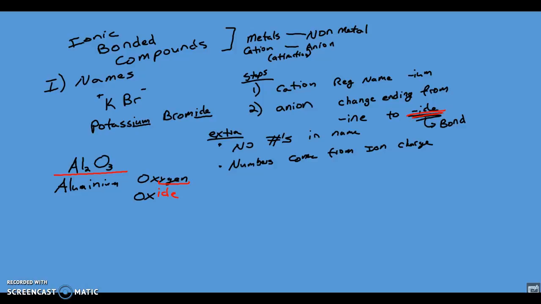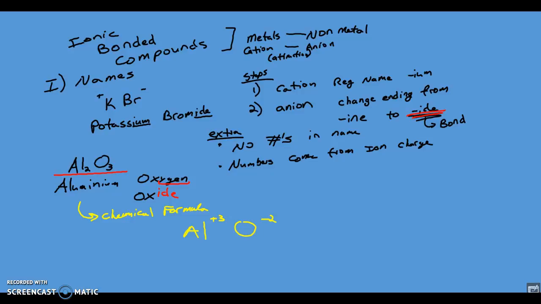Now, any numbers come from the charges. So if we're given the word aluminum oxide and we're asked to write the chemical formula, we will take the charge of aluminum, which is a +3, and the charge of oxygen, a -2.